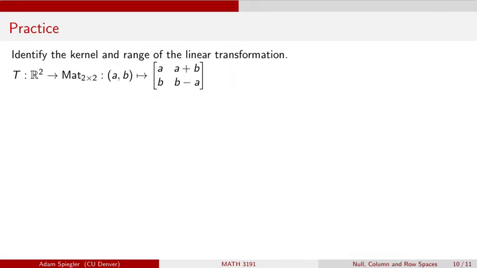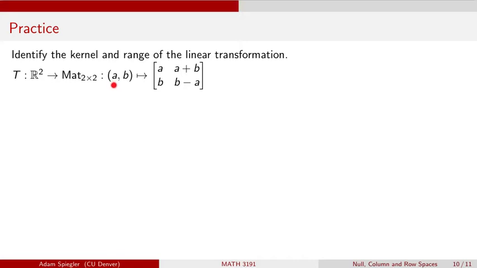Okay, so let's consider the following example. I have a linear transformation T, which is mapping from the vector space R2 with the usual vector addition and scalar multiplication into the vector space of 2 by 2 matrices with the usual matrix addition and scalar multiplication.